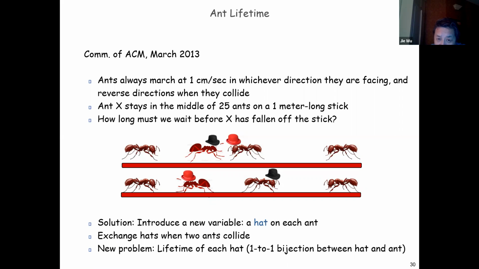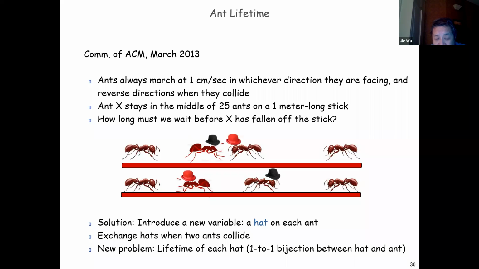It's not a direct correspondence. When a hat falls off one end and dies, you don't really map it to a particular ant. But we know the maximum lifetime of the hat, and so you know the maximum lifetime of an ant. It doesn't matter whether the ant is in the middle or at the leftmost or rightmost.